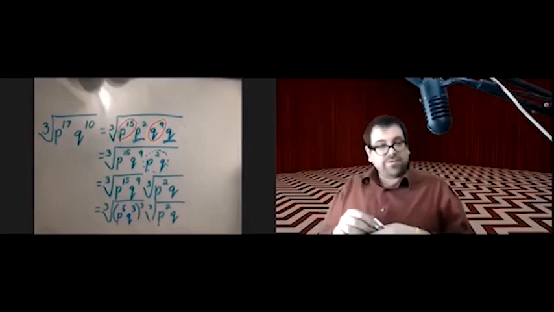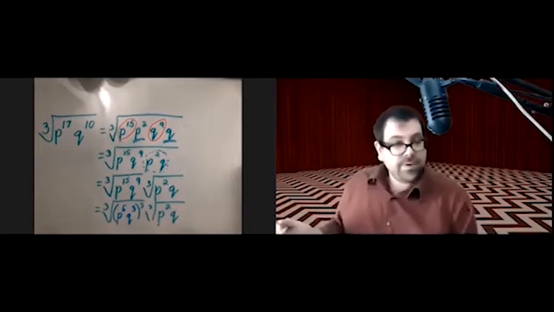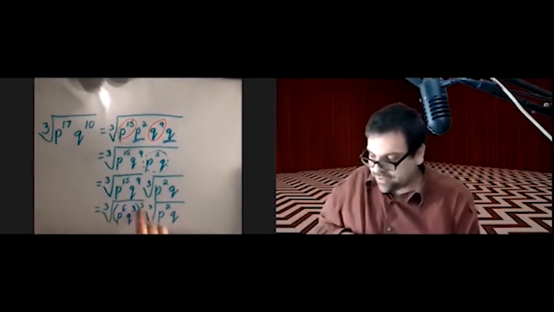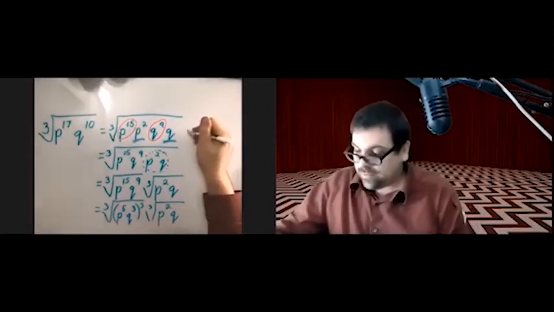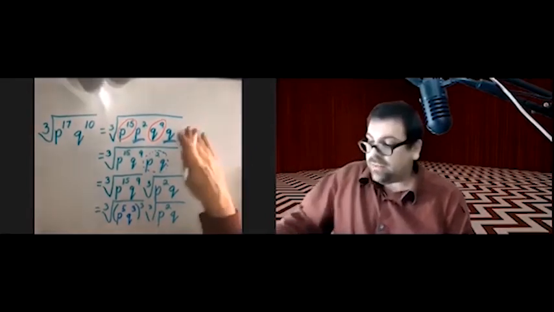And now we have our final answer. This cube and the cube root cancel each other out. We're left with p to the 5th. I'll write it up here.